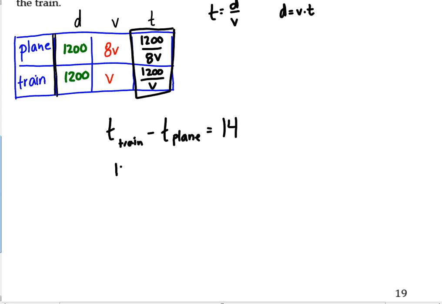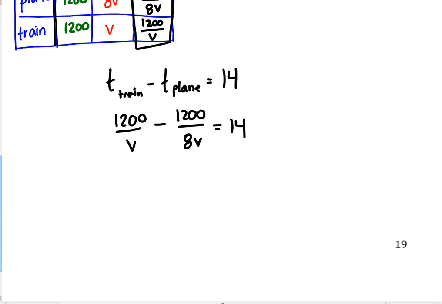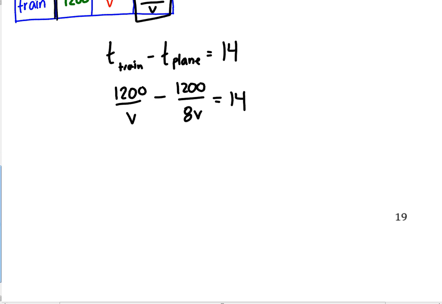Train's time was 1,200 over V. The plane's time was 1,200 over 8V. And that's going to equal 14. Where do we go from here? Multiply everybody by 8V. Our common denominator would be 8V.